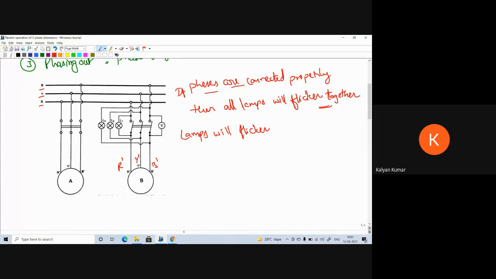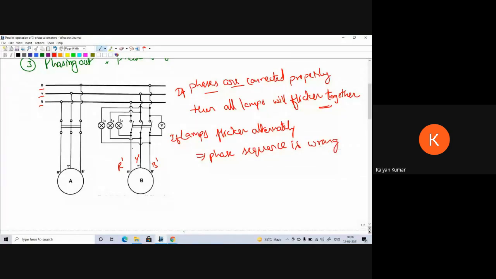If the lamps flicker alternately, that means if L1 is bright, L2 is dark, so if one lamp is bright and another lamp is becoming dark, then it indicates that the phase sequence is wrong.